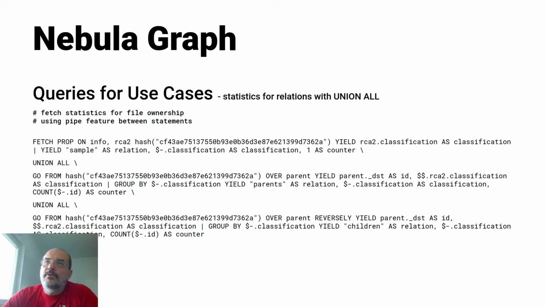The other type of statistics is statistics with relations, and that hierarchy, direct hierarchy or between the files, and we are able to use union all functionality in the graph database to combine, for example, children and parent relations in one response.